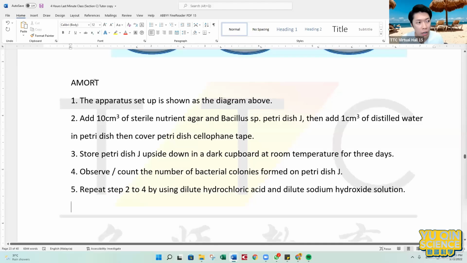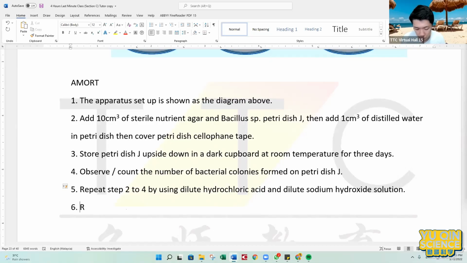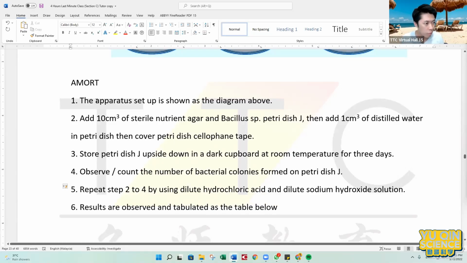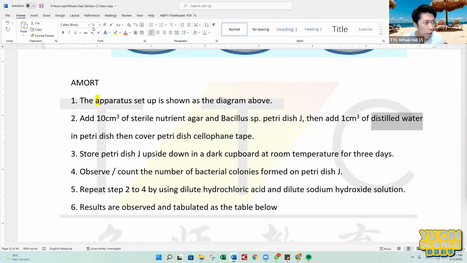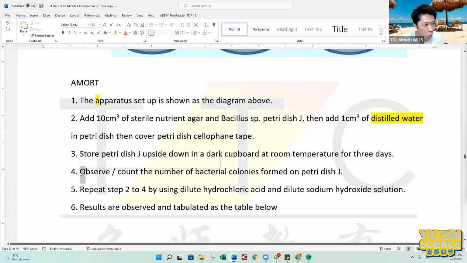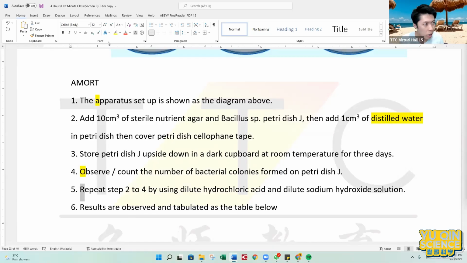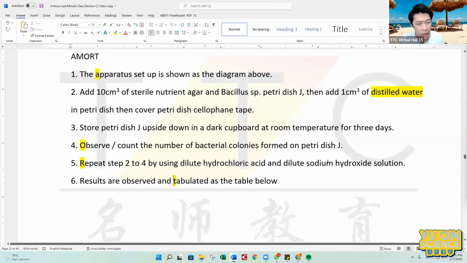Number 5 stands for R. And lastly stands for T, which is: results are observed and tabulated as in the table below. A, M, O, R, T, tabulated.